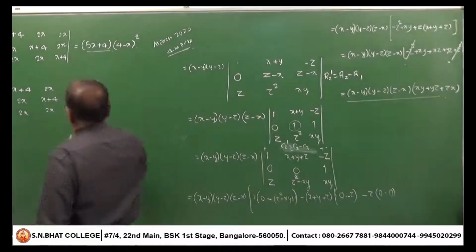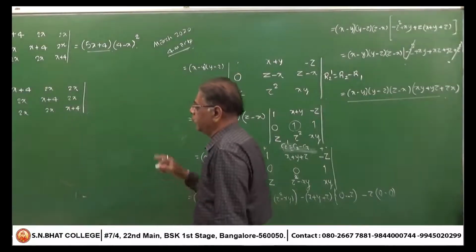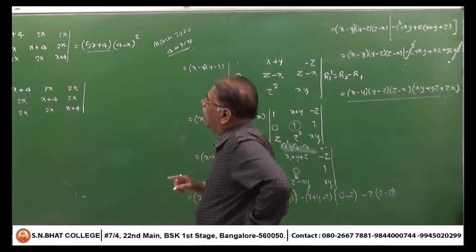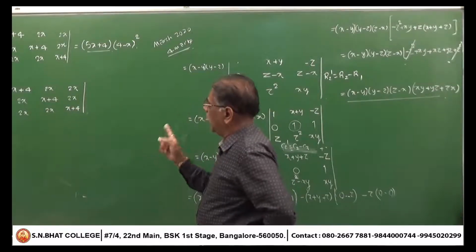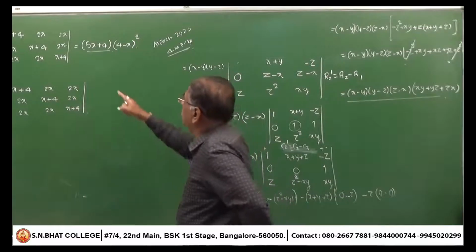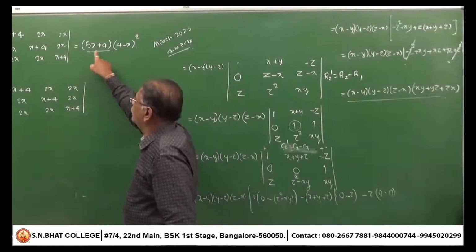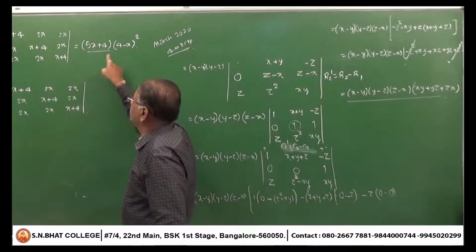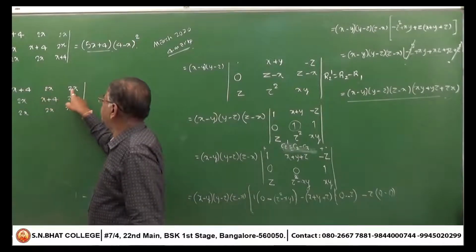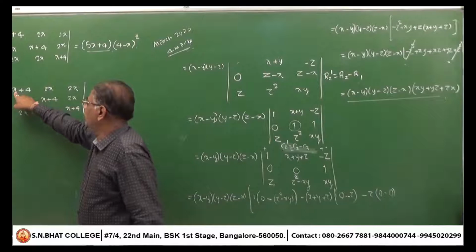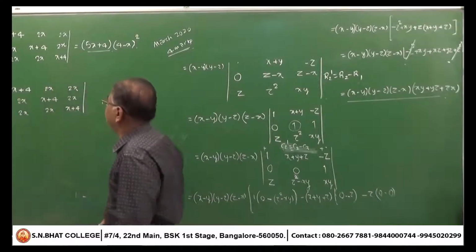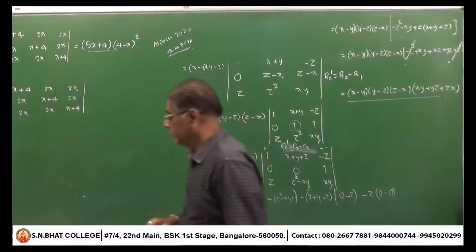First I should get 5x plus 4 as a common factor. See all the 3 rows, all the 3 columns. If I add all the 3 rows or if I add all the 3 columns, I will get 5x plus 4 common factor. I will get this plus this plus this. 2x plus 2x is 4x plus x is 5x plus 4. 5x plus 4 common factor I will get.